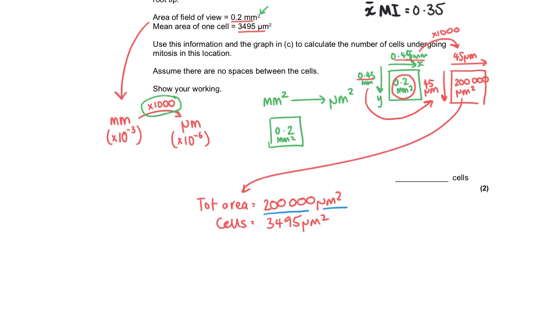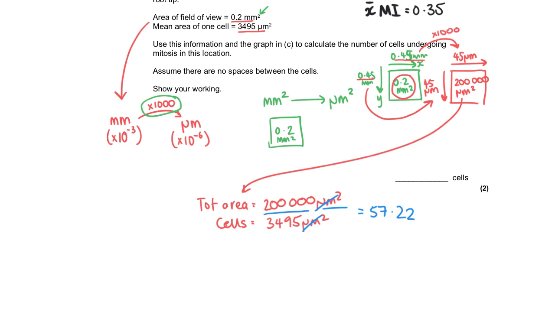I'm only going to work with the numbers now because the units are the same, so I'm going to ignore them. So calculator, 200,000 divided by 3,495 is 57.22. Now this is obviously not a full cell, but that's fine.